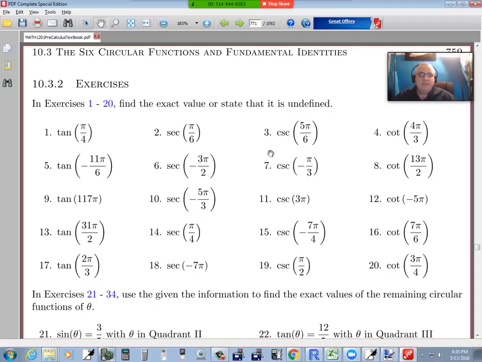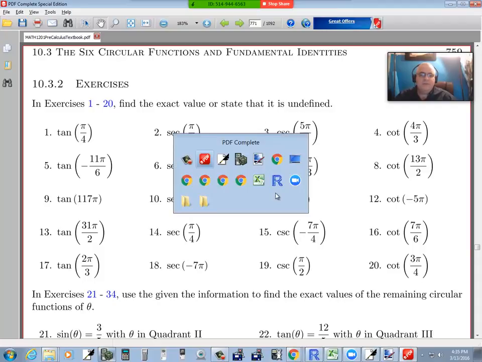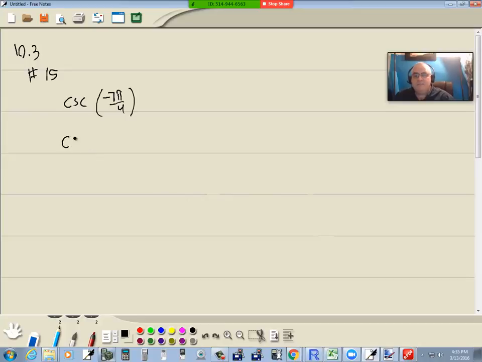And it says find the exact value, state that it's undefined. Well, we're going to add 2 pi. So we got negative 7 pi over 4 plus 2 pi. 2 times 4 is 8. 8 pi minus 7 pi is 1 pi, or pi over 4.